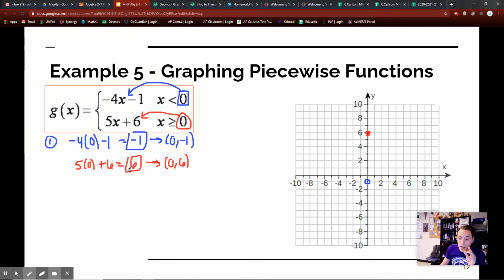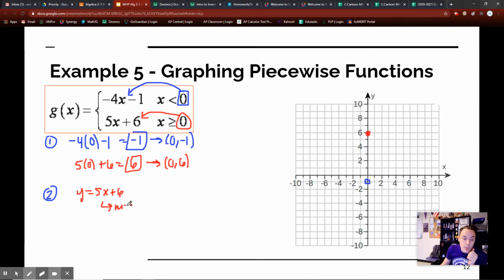Let's actually finish the red because we're on red right now. Think about it, guys. This is greater than or equal to 0. I look at my x values right here. Which side does greater than go to? Is it over here, to the negative side? Is that greater than 0? No. Greater than 0 is over here. Which means when I graph this function, for the second step, I need to first, in red, I have y equals 5x plus 6.